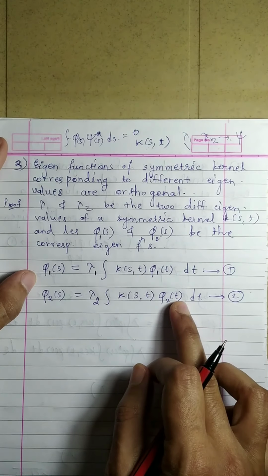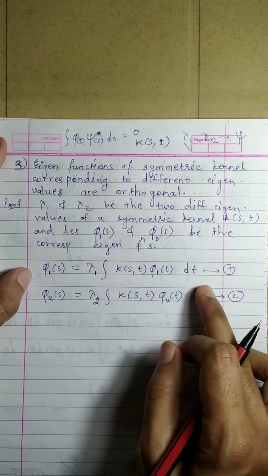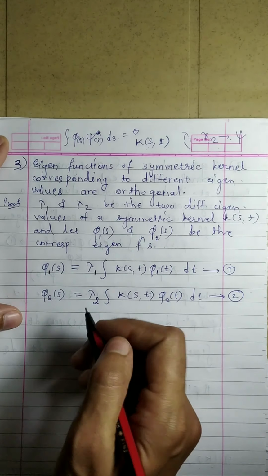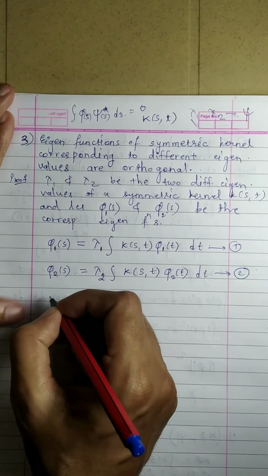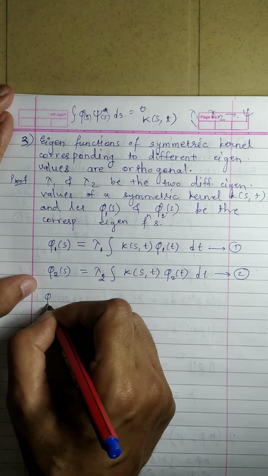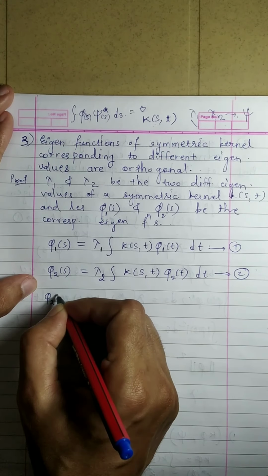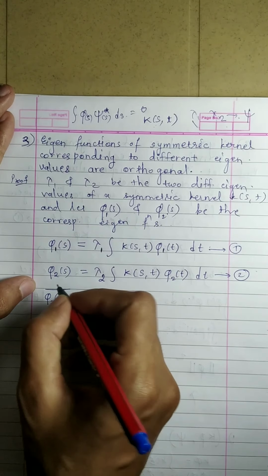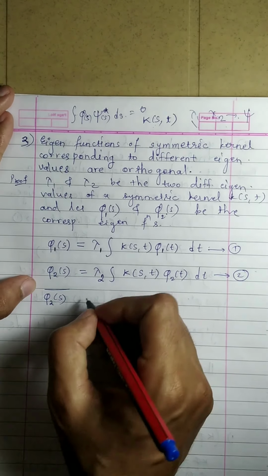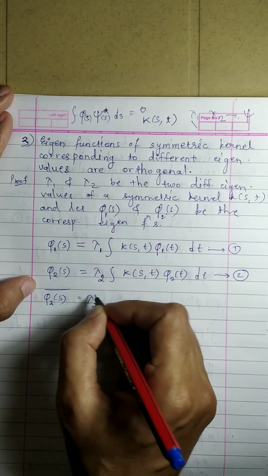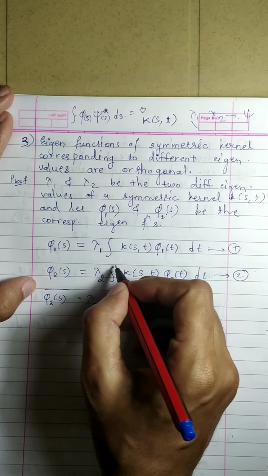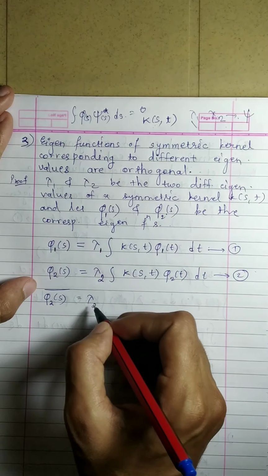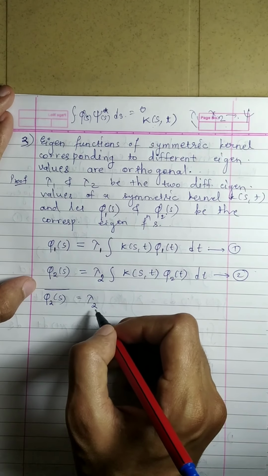Now for the second equation, let us take the conjugate on both the sides. So what we will get is phi 2 of s conjugate, or we can also write it as star, equals lambda 2 conjugate into this conjugate, but lambda 2 conjugate will be equal to lambda 2.